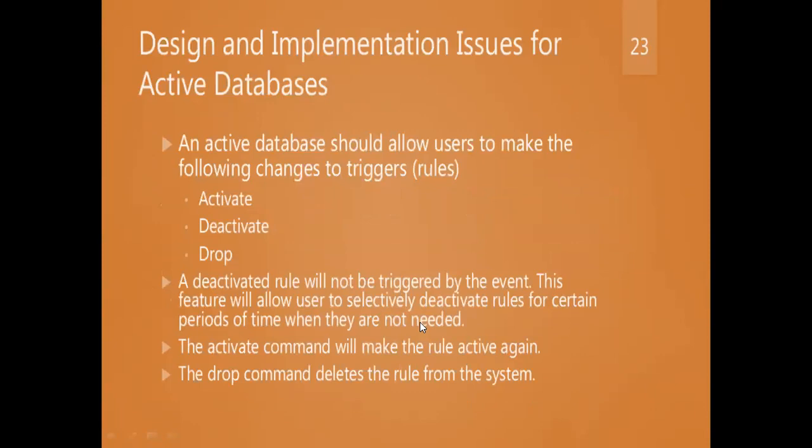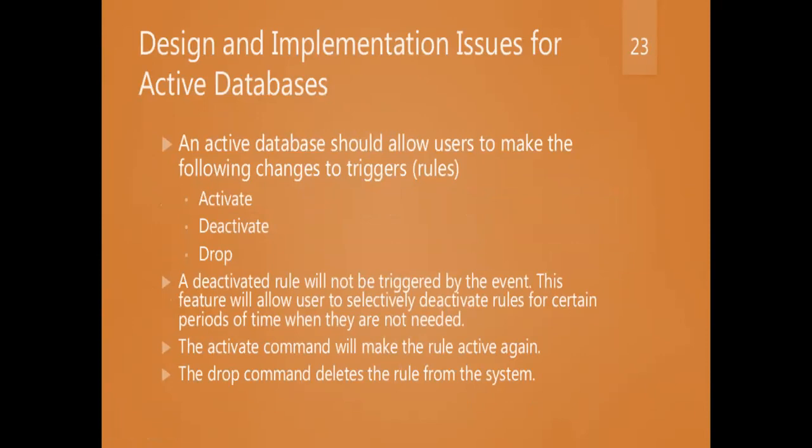Now some designing and implementation issues of the database we'll see. An active database should allow users to make the following changes: to activate, deactivate and drop the triggers or sets of rules.